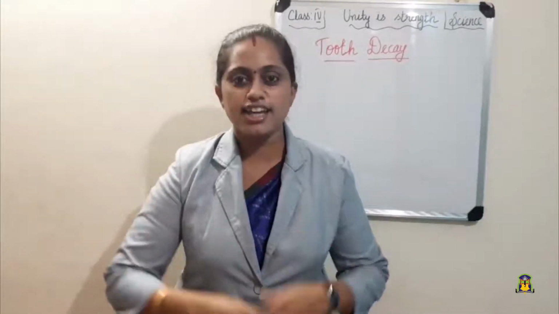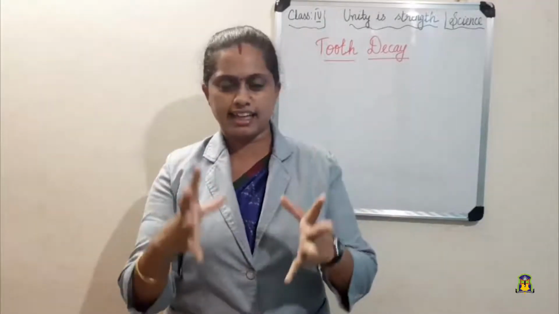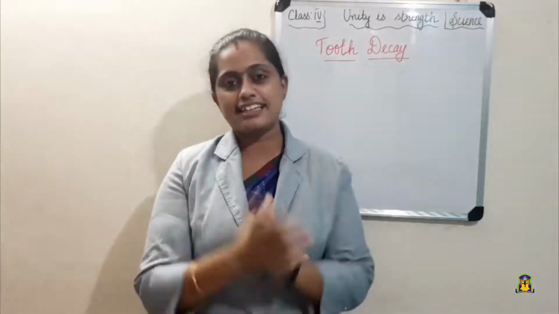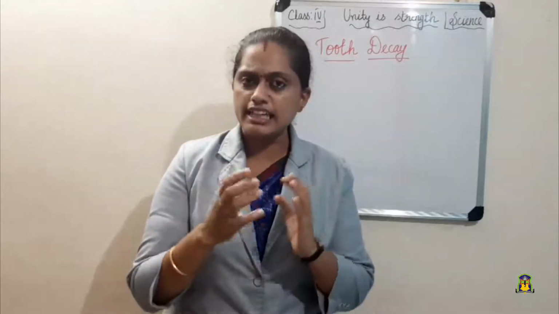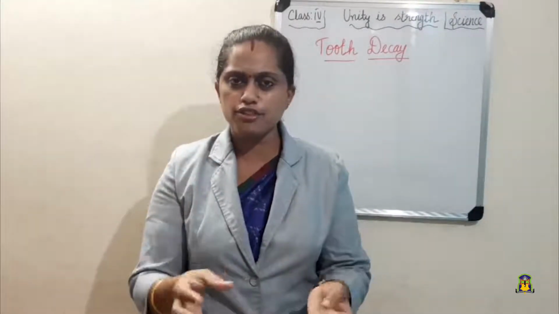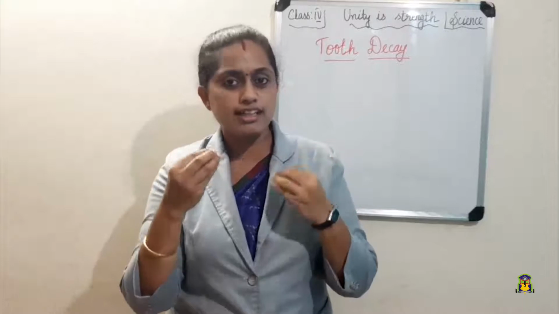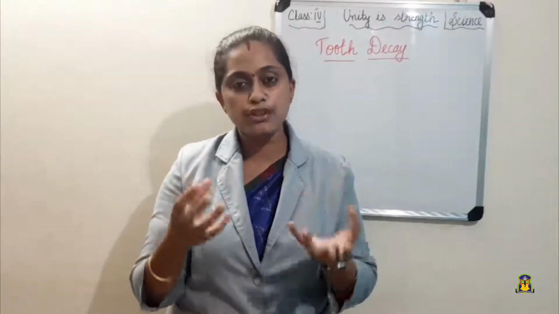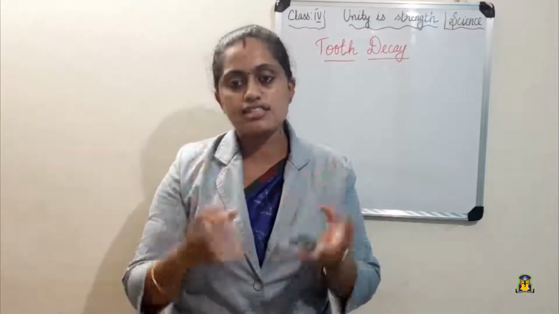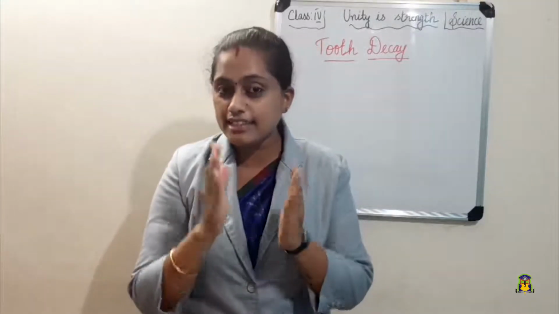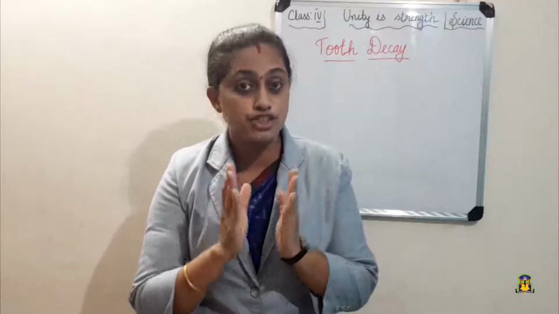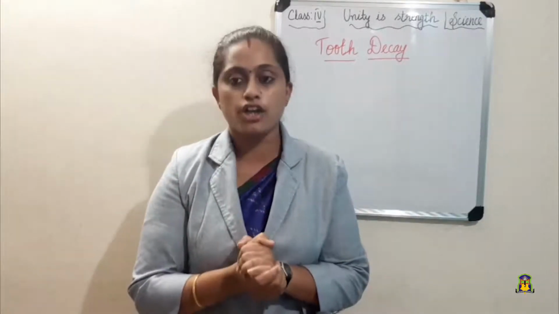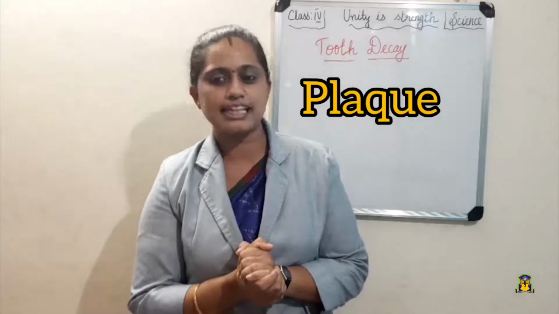Now let us see what is tooth decay. What do you mean by decay? Getting damaged. When we are eating food, small bits of food may get stuck in our teeth. This food and our teeth will get covered with a thick, sticky layer of germs called plaque. What's the spelling?